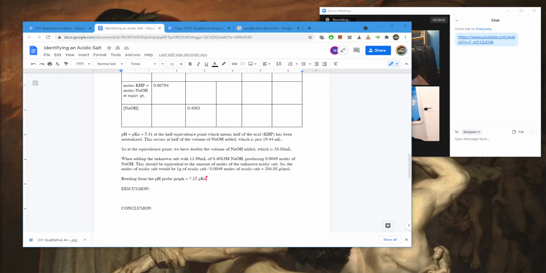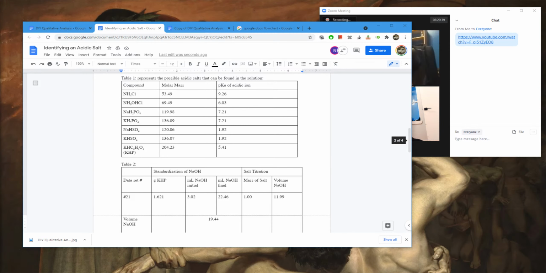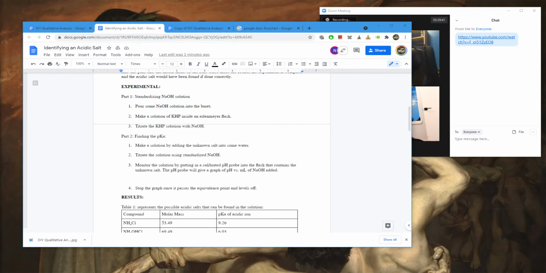So it would be plus log of the concentration that we had for the weak acid, that many moles, whatever the volume is that we use, the unknown salt into some water.